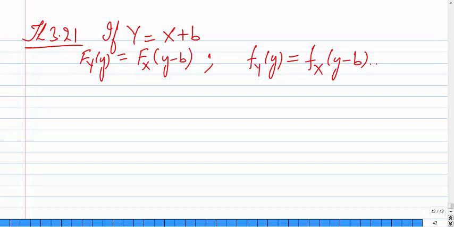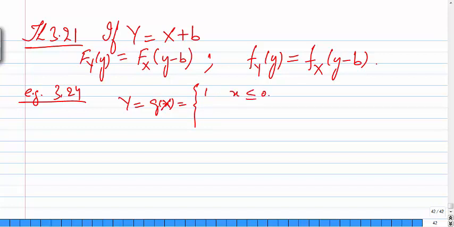Now let's do an example here. So the example is 3.24, and the example says that let X be a random variable with CDF F of X, let Y be the output of a clipping circuit with the characteristics Y is equal to g of X, that is defined as 1 when X is less than or equal to 0, and 3 when X is greater than 0.